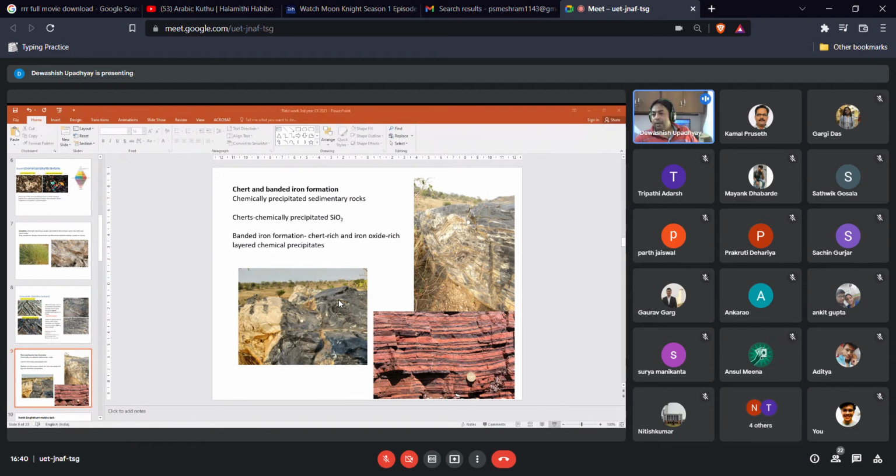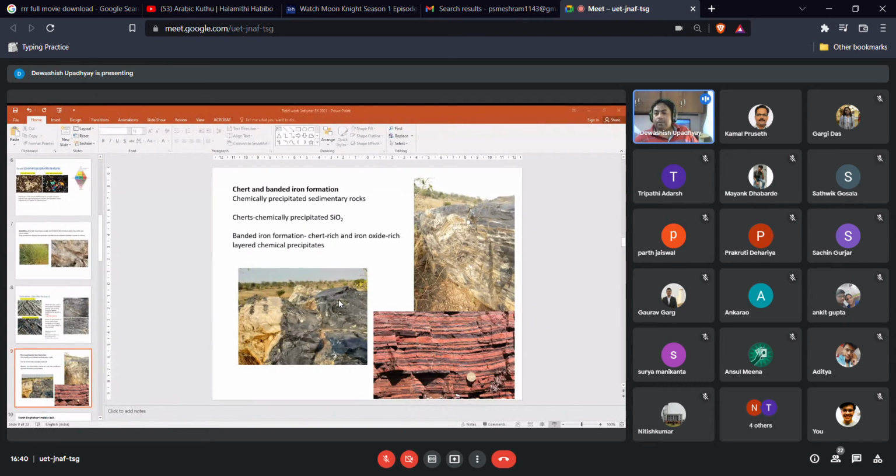If you see the lowermost image, you can see rock with alternate layers, red colored layers and deep chocolate brown colored layers. Here, the reddish layers are the chert layers, and the chocolate brown layers are essentially layers rich in iron oxides.